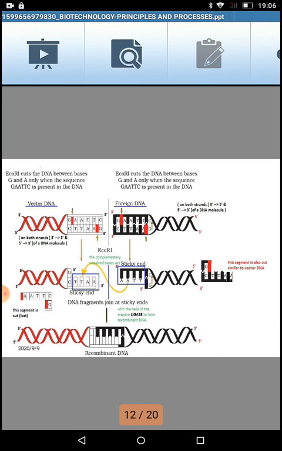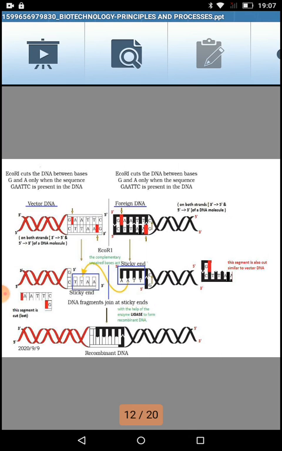Now this is very very important, that the restriction enzyme which we are choosing to cut the vector DNA, the same restriction enzyme has to be used to cut the gene of interest. Here we are taking an example of EcoRI, that is E. coli RI. EcoRI, this is the restriction enzyme which we are taking for the example.